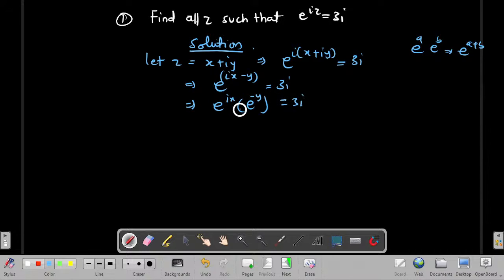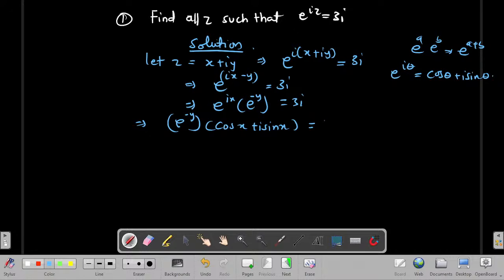So once you have this expression, then you know from Euler that e to the power i theta is the same as cosine theta plus i sine theta, right? So I'm going to employ the same thing here. I'm going to have e to the power -y still standing outside, but the e to the power ix, I will convert it to the polar form, giving me cos x plus i sin x.